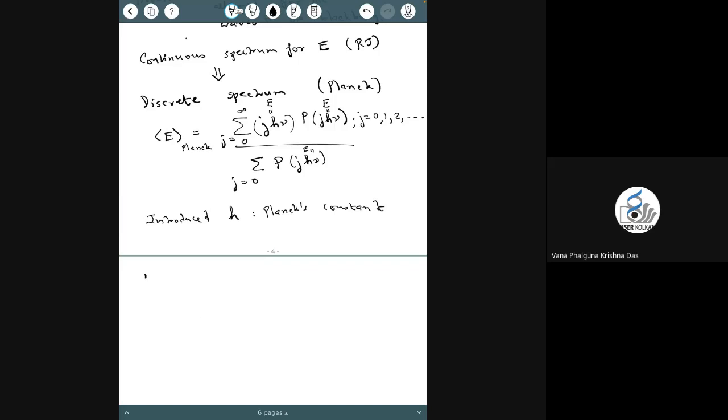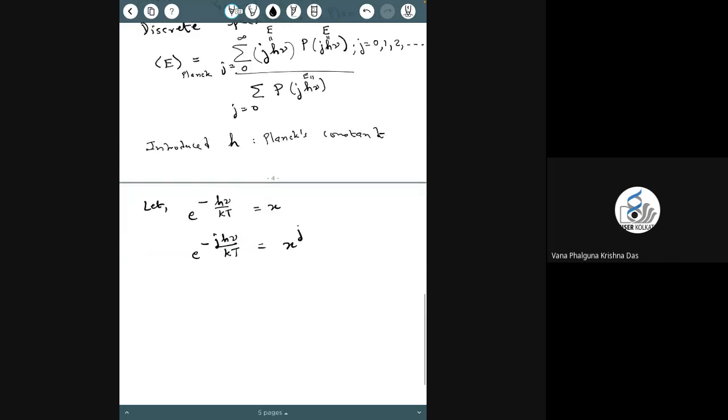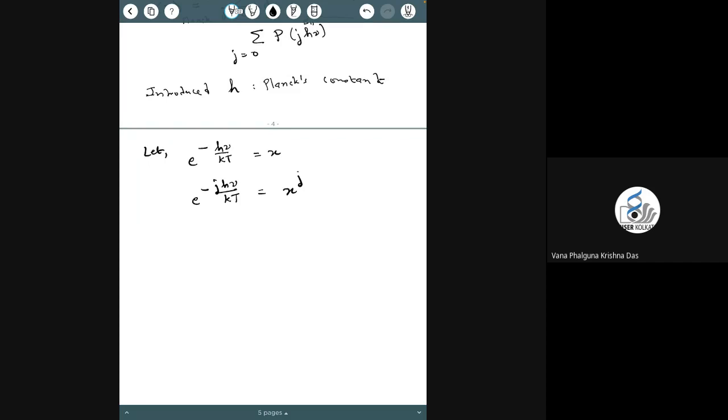So if I let e to the power minus h nu by kT be equal to x, then e to the power minus j h nu by kT is simply x to the power j. So now our task is to evaluate the values of these series. So let's do the denominator, which is a simpler series. Oh sorry, I skipped something.